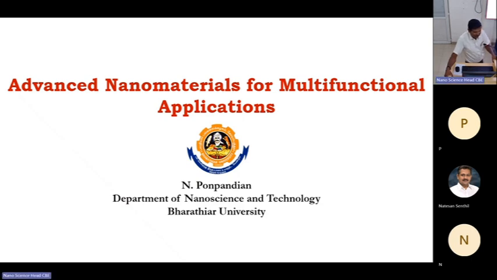What is a 3 dimension in carbon based material? Graphite is a 3 dimensional material. What is a 2 dimension? If you put cello tape on the graphite and remove it, you will get one layer. That is graphene, a 2 dimensional material. What is 1 dimension?